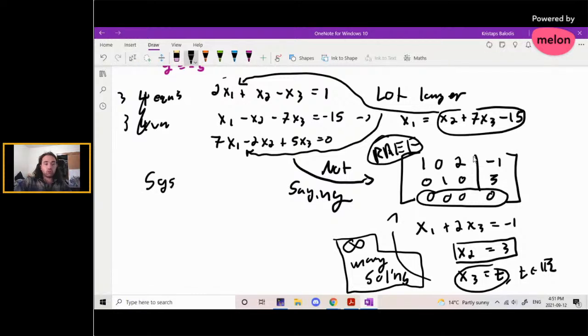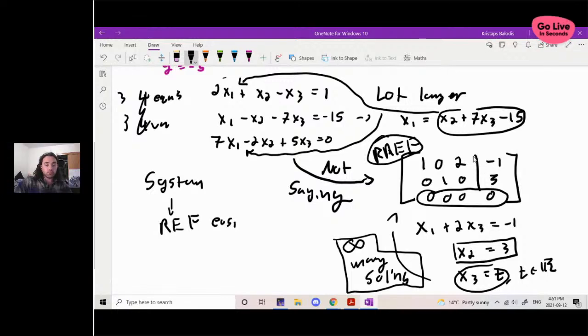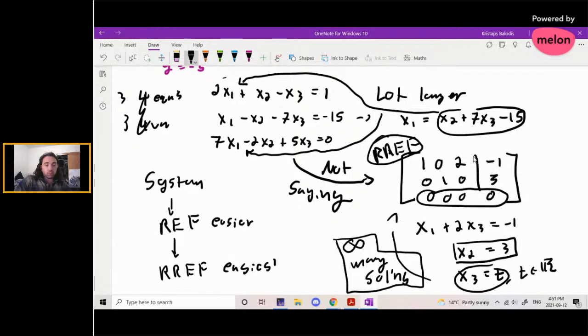So you have your original system, and then row echelon form is sort of an in-between place, right? There's 3 things that define row echelon form, so it's definitely easier. And then reduced row echelon form is easiest. And it's definitely better to put things in reduced row echelon form.